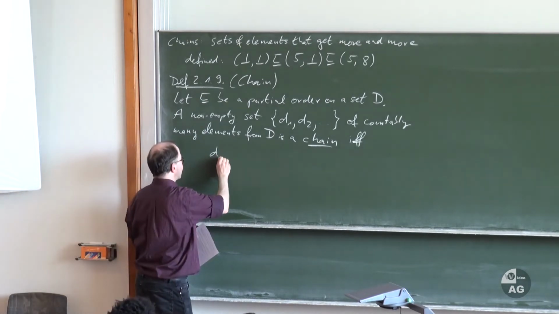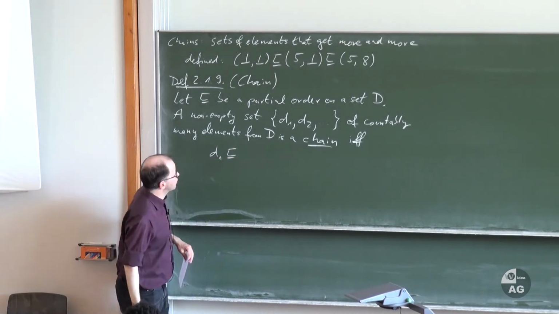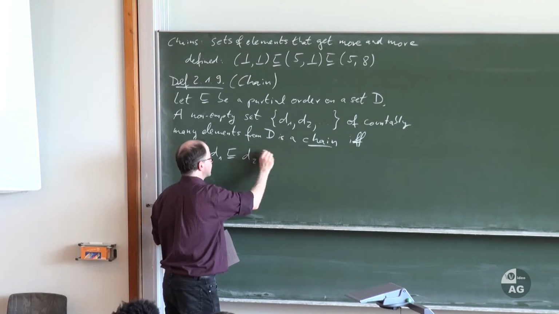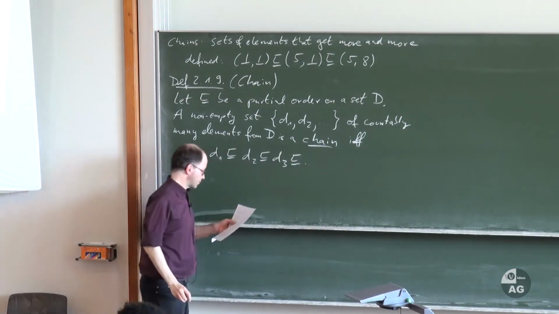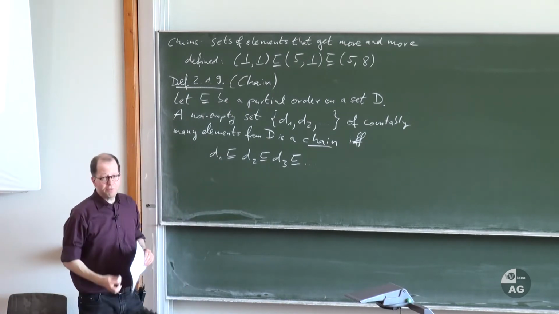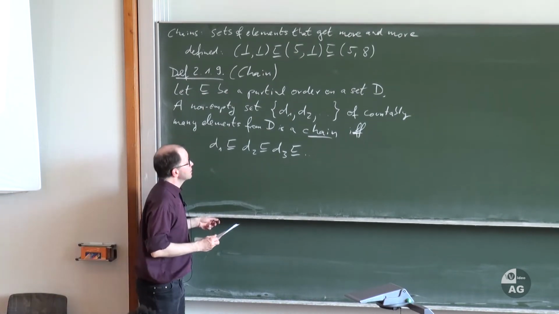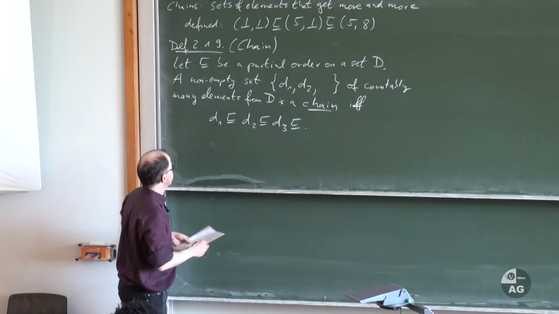So they can be ordered like this. Some element is less than or equal than the next element, and this is less than or equal than the next element, and so on. So that's the definition of a chain, and these chains can be finite or infinite.